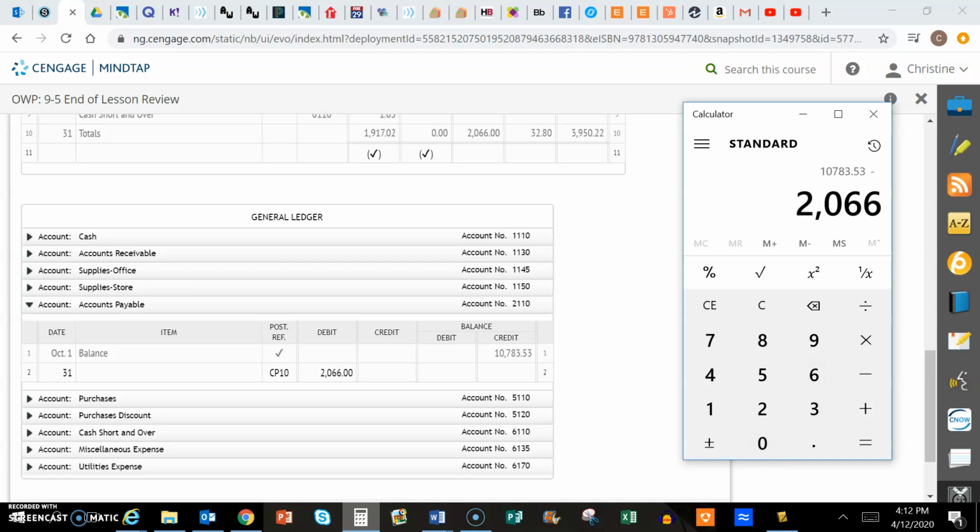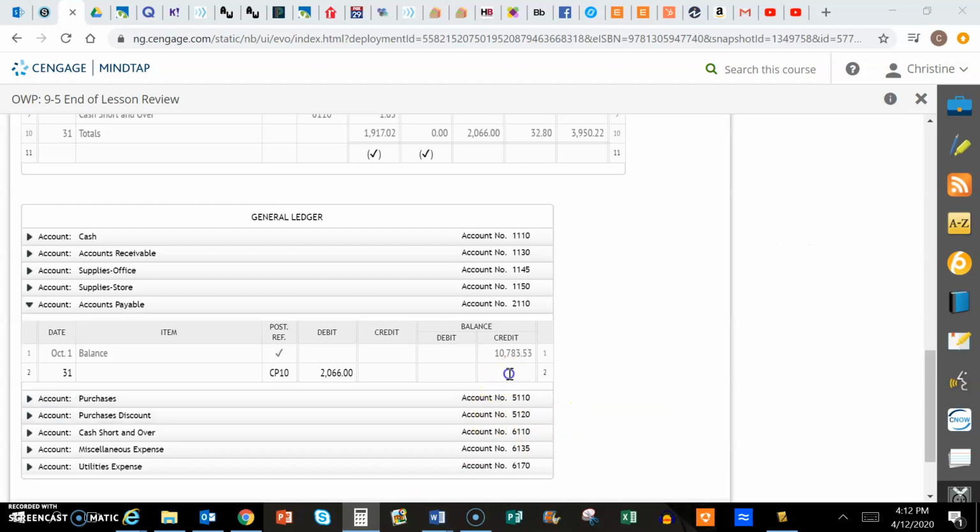Your balance is a credit. Equals 8,717.53. It stays as a credit because 10,000 is greater than 2,000. Now I'm going to take the account number of 2110 and I'm going to put that here.